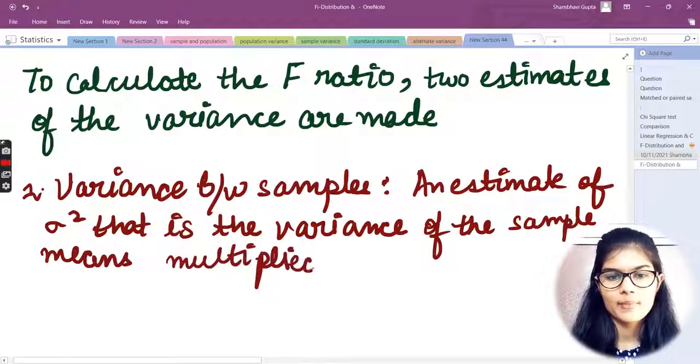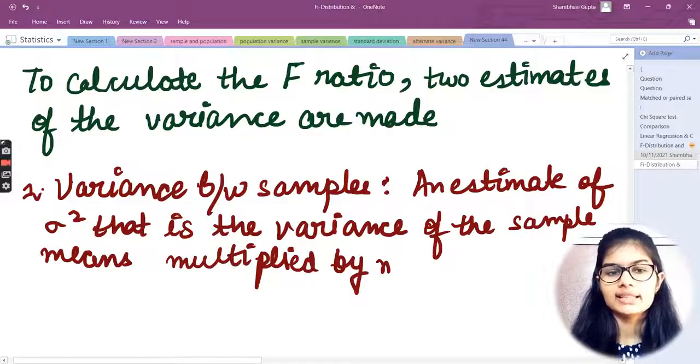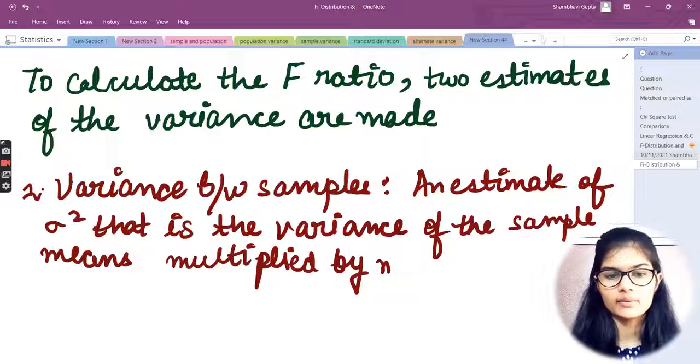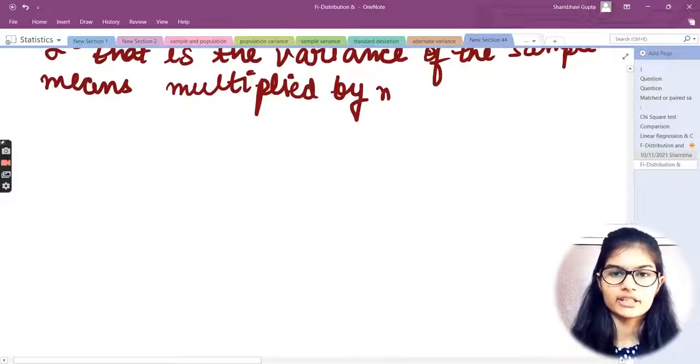So the variance between samples means an estimate of sigma square, that is the variance of the sample means multiplied by n, right?